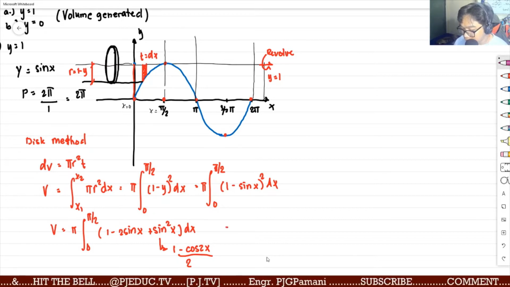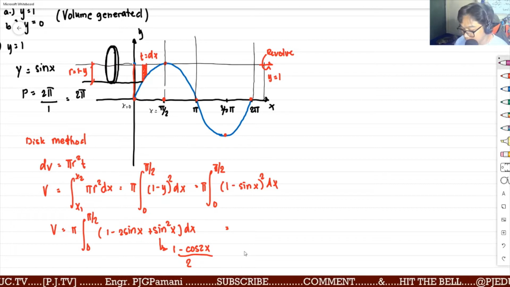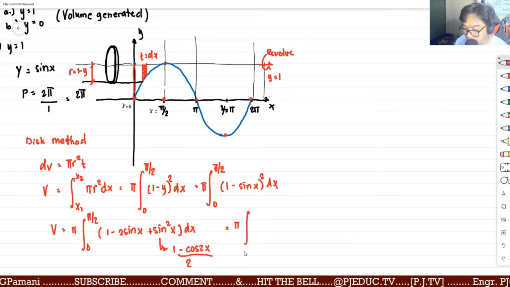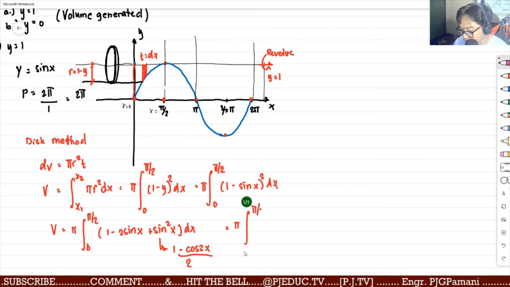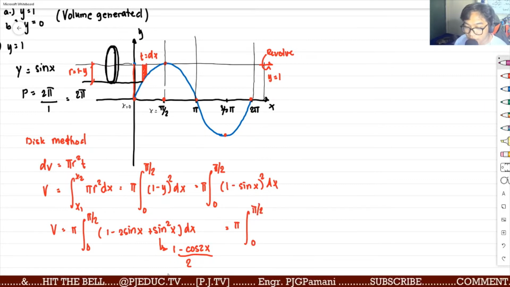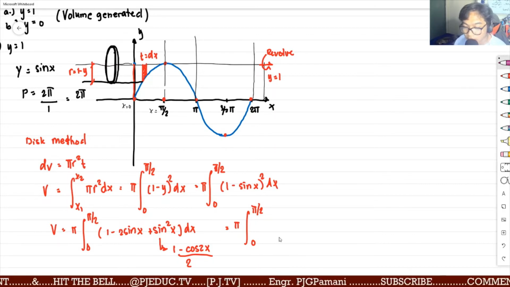Okay? Substitute or introduce your integral sign on all the terms. That is pi integral from 0 to pi over 2 of 1 minus 1 half. That is, tama ba? 1 minus, hindi plus pala, 1 plus 1 half.